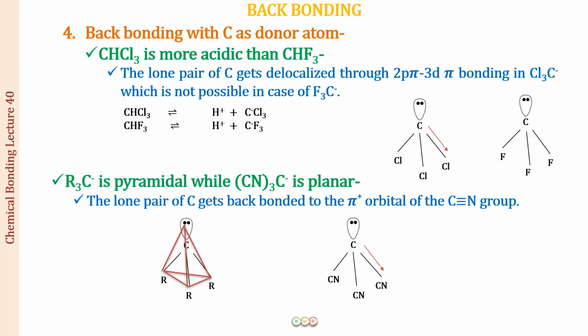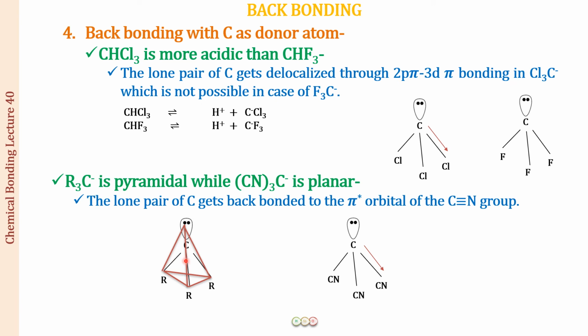The next one which you can see is that CR3 negative is pyramidal in shape, whereas C(CN)3 negative is planar. This is the structure for CR3 negative. Carbon has a lone pair of electrons and is forming 3 sigma bonds.